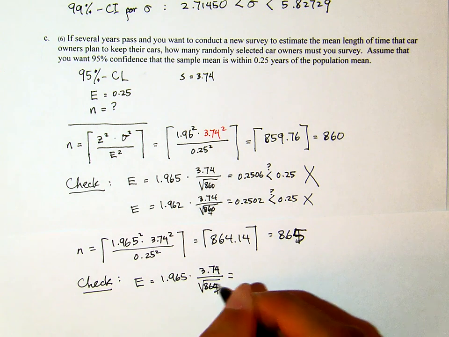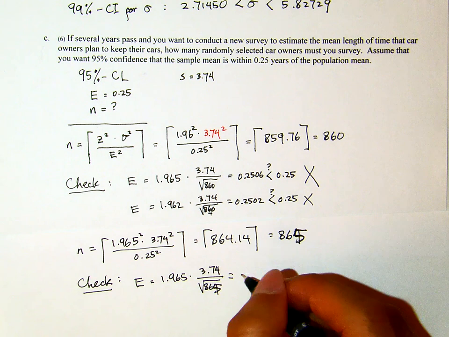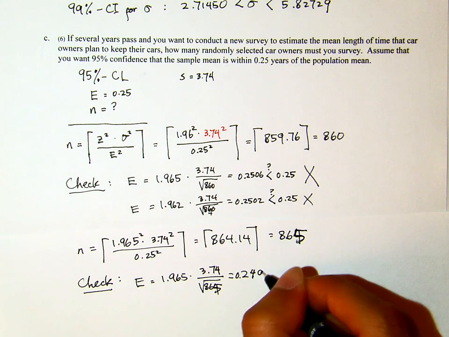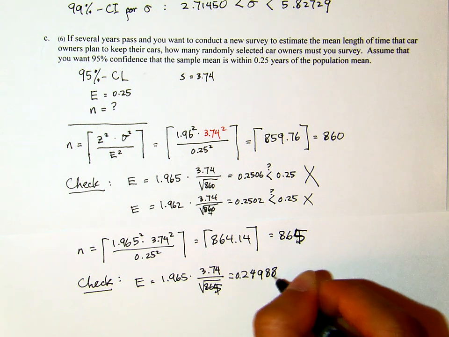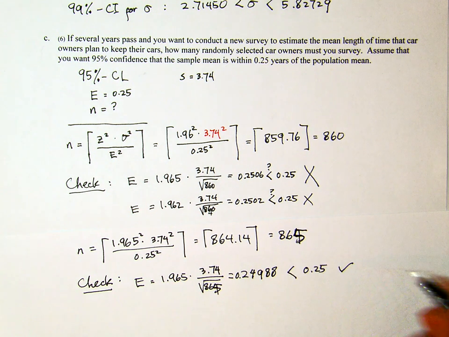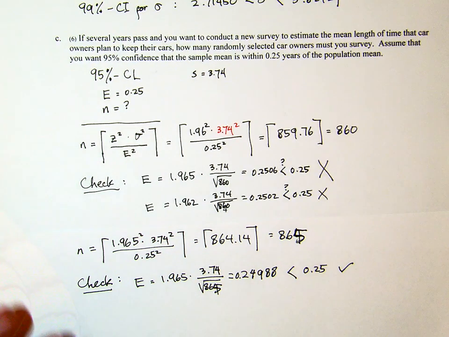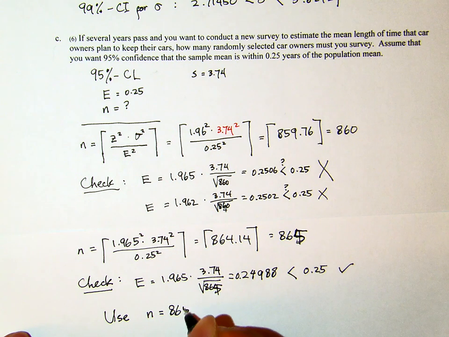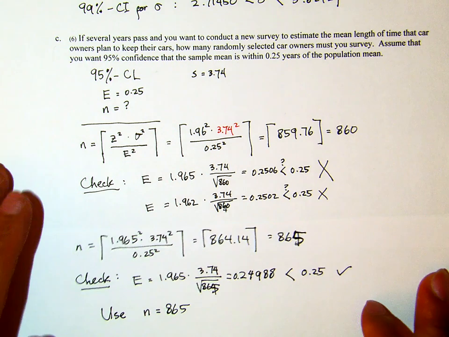Now this is 5 here. I get 0.2498, which is confirmed less than 0.25. So we will use n equals 865. Let me tell you what is the actual problem.